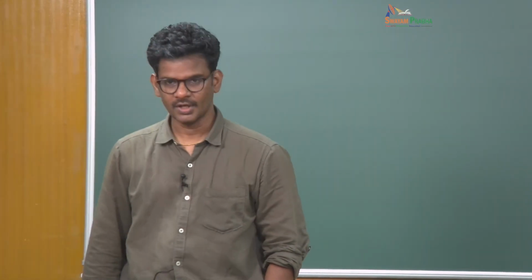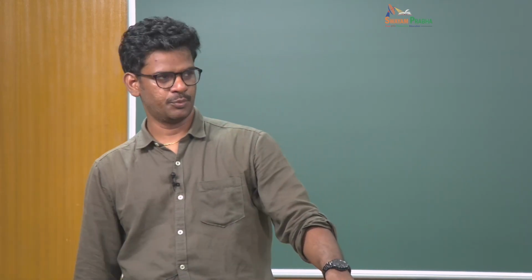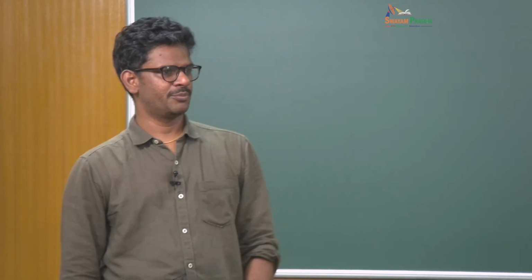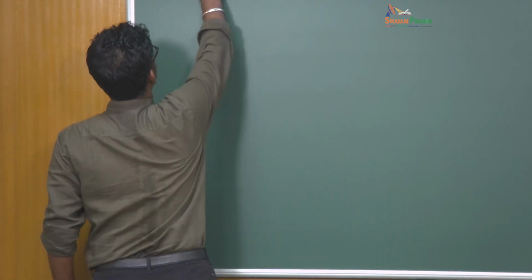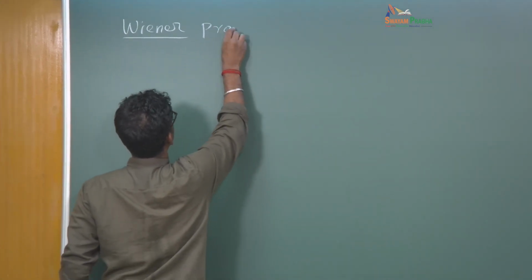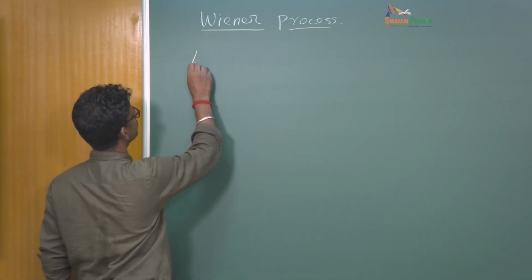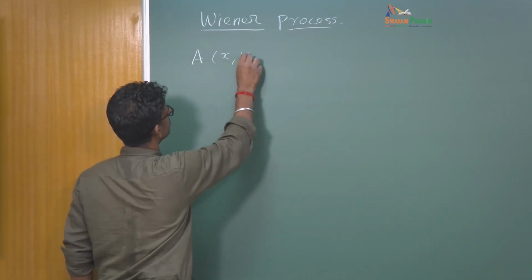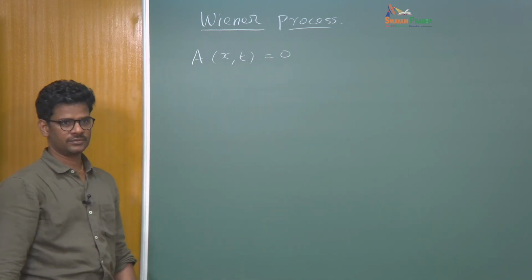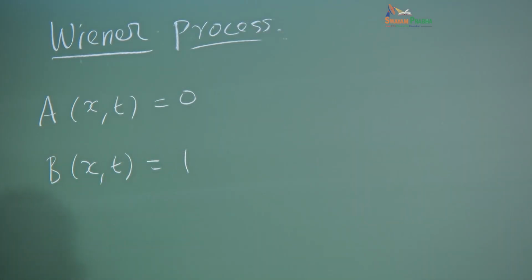Okay, good evening. So, we were looking at a continuous Markov process. One such example was the Wiener process, right? The Wiener process is characterized by the characteristic functions A equal to 0 and B is taken as 1, right?